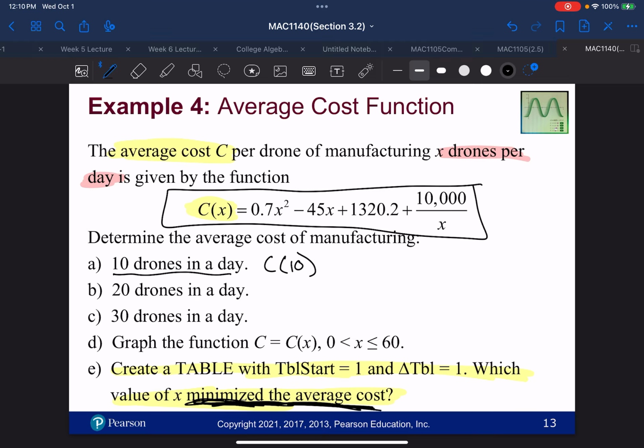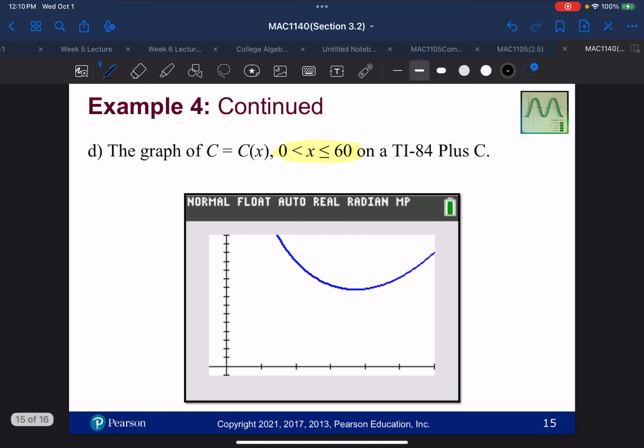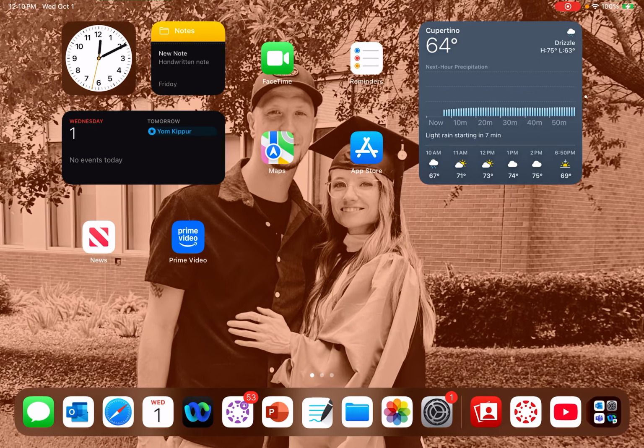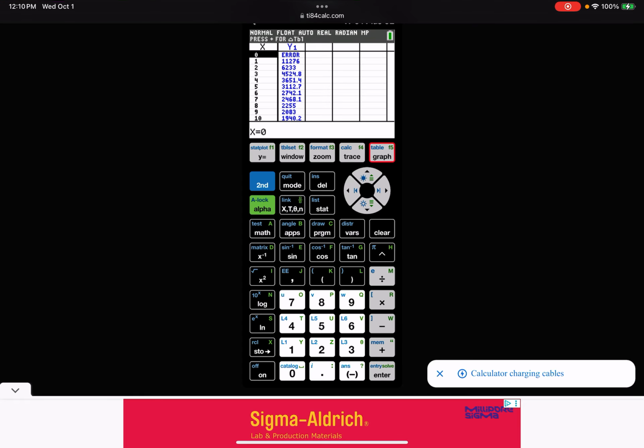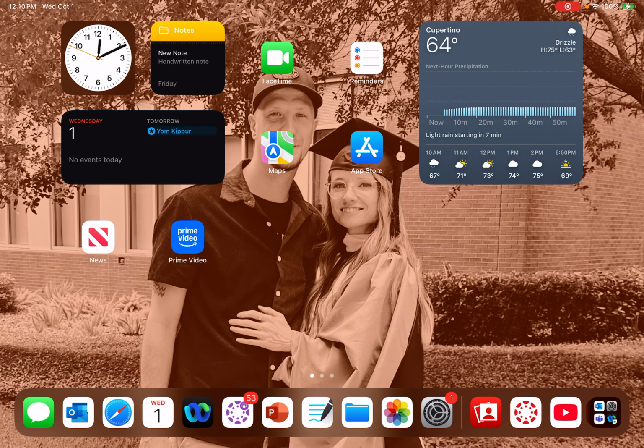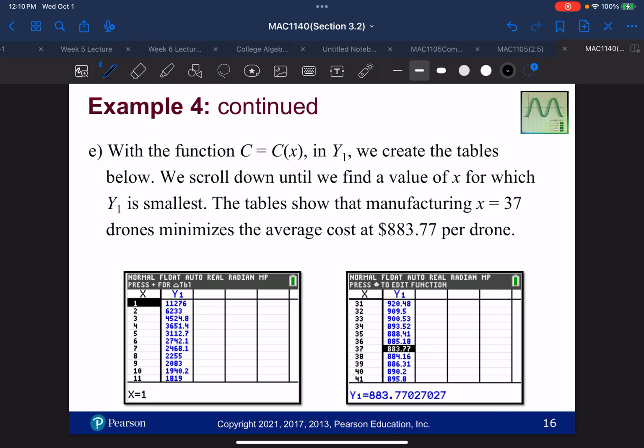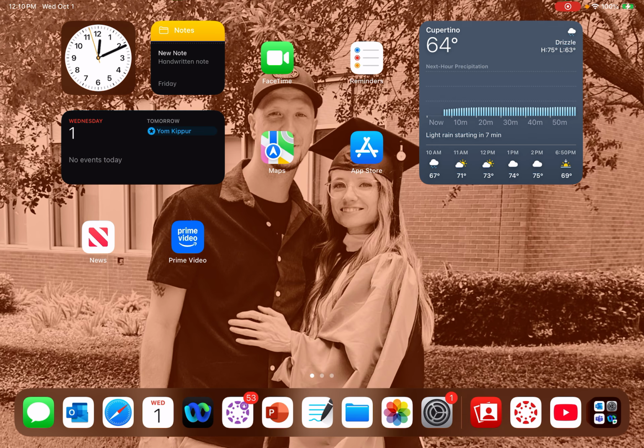So let's go back to this and go to second table. Okay, and we can see our table of values here. We're looking for the smallest y value.